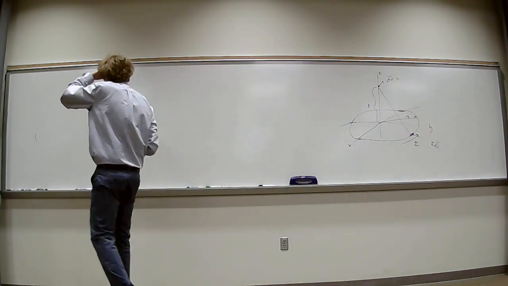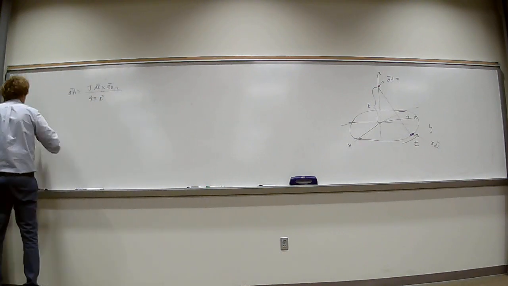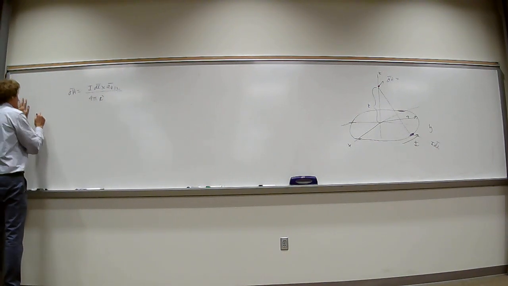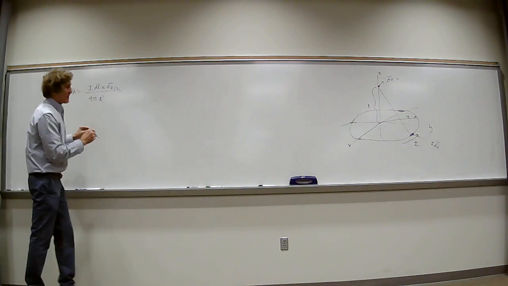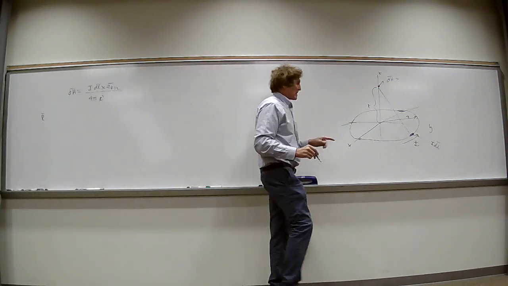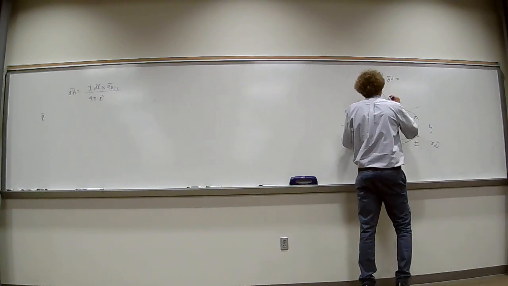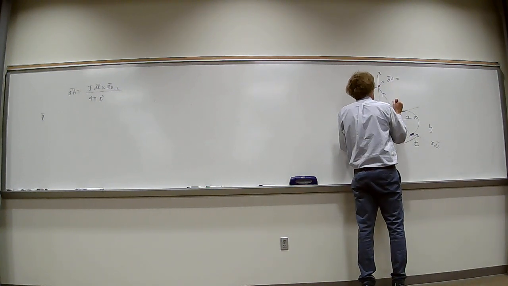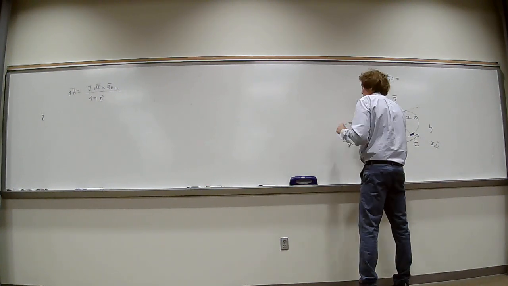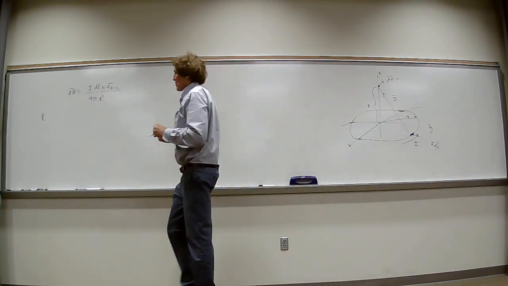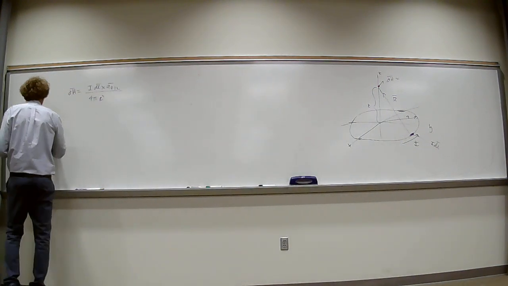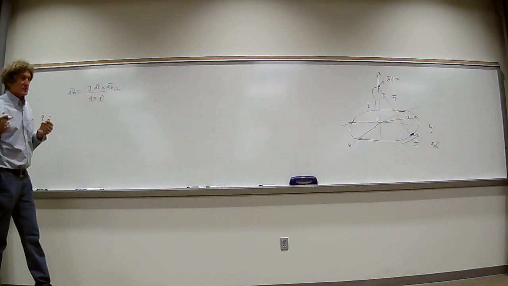So first, when we look at this, I need the R vector. So the R vector would be measured from here. This is going to be my R vector to that point of observation. And if you look at this, well, we're doing cylindrical coordinates.